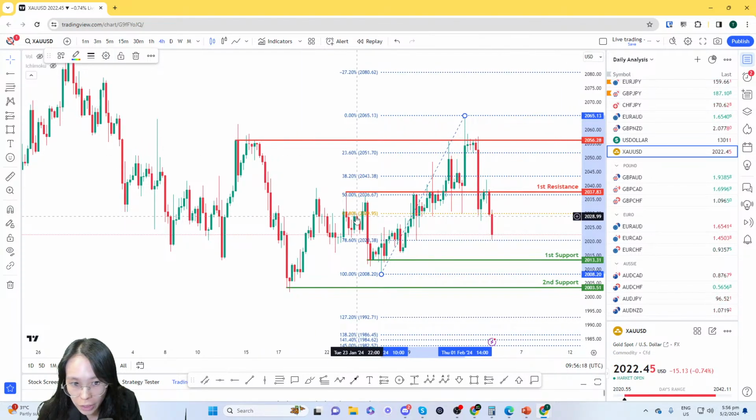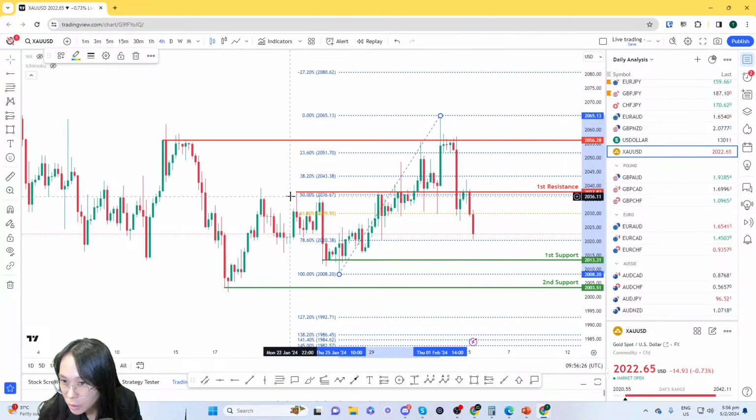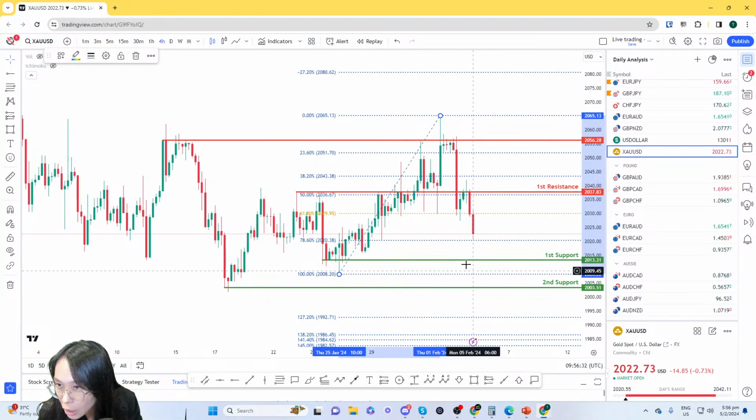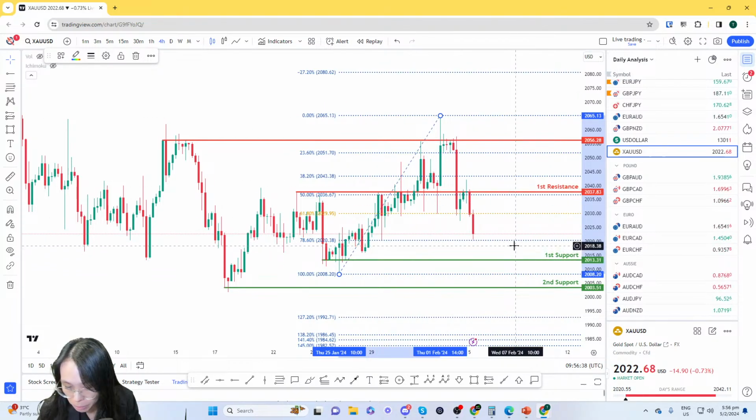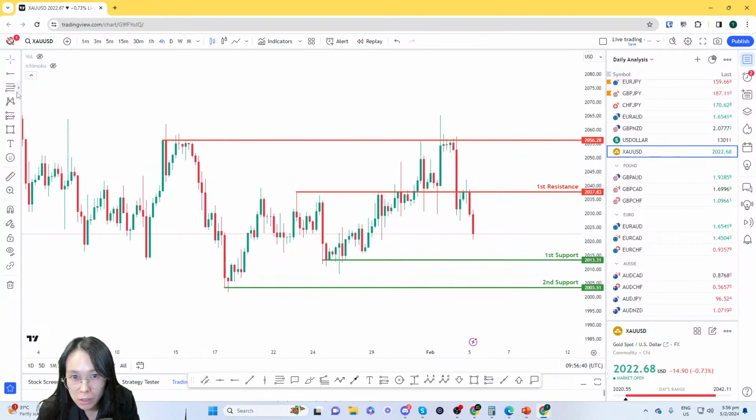So we have a retracement level at the 50% retracement. No, sorry, yes, it has been broken through. 78.6 is too far from my first support, so I'm not gonna use this.